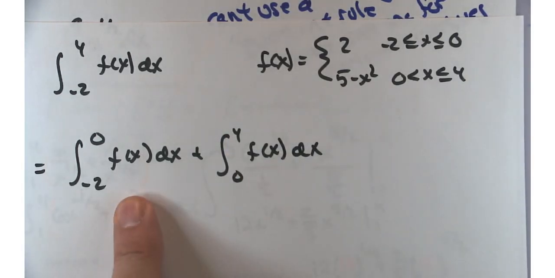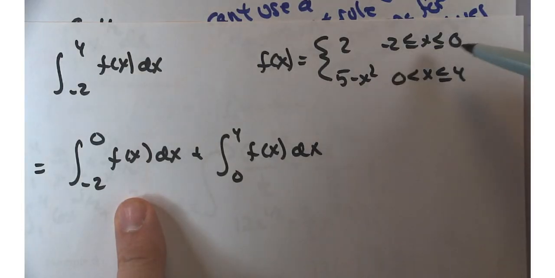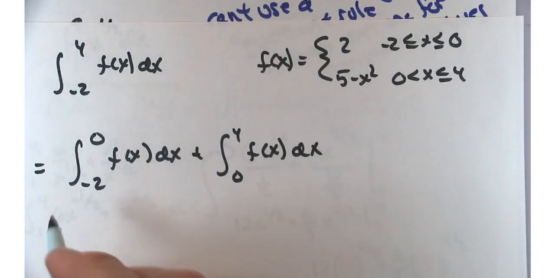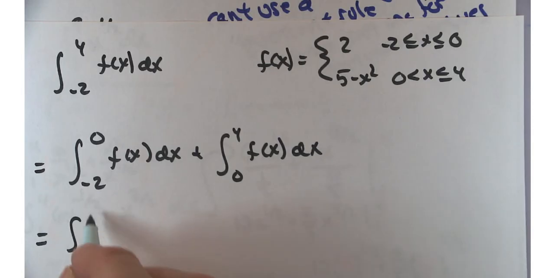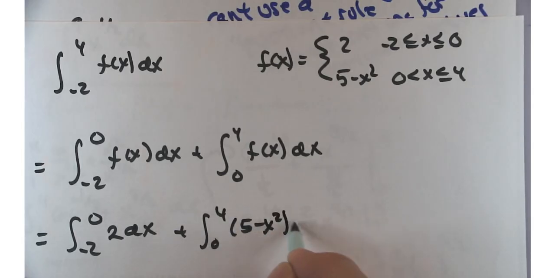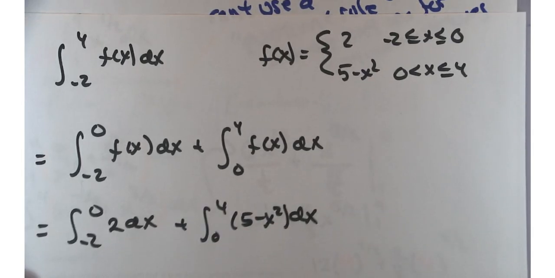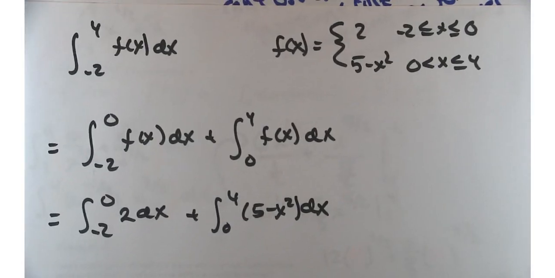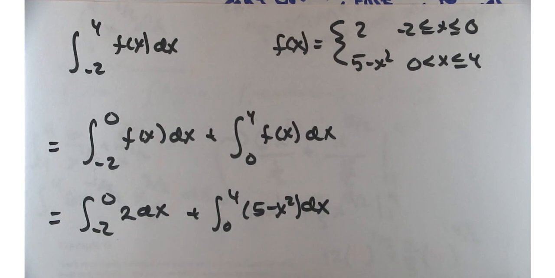Now that this is just one function in this interval, I can replace that with the integral from negative 2 to 0 of 2 dx plus the integral from 0 to 4 of 5 minus x squared dx. This one is just going to have an antiderivative of 2x between negative 2 and 0.